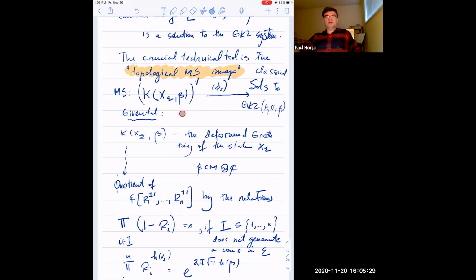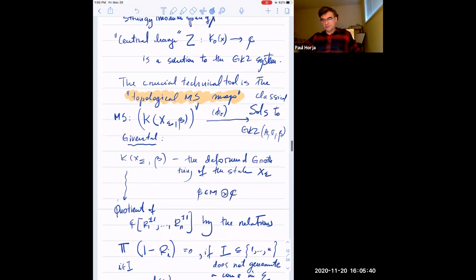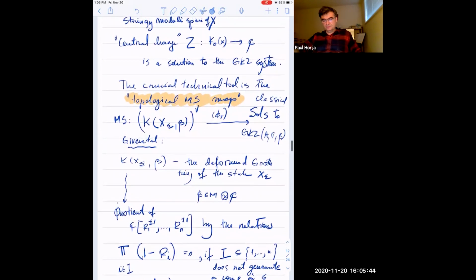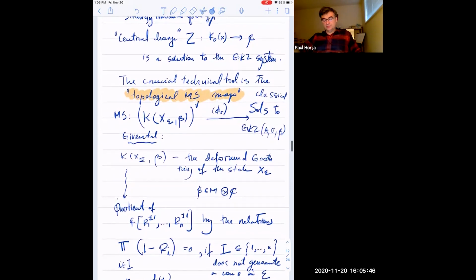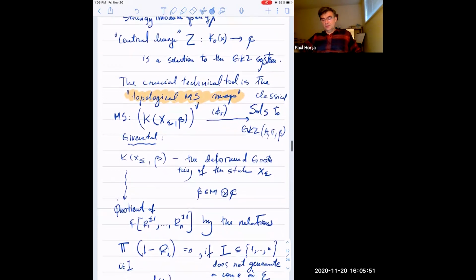So this goes back, of course, to the first proofs of mirror symmetry. And in fact, I think this shows up before the proof of mirror symmetry in papers by Givental in his international ICM talk.